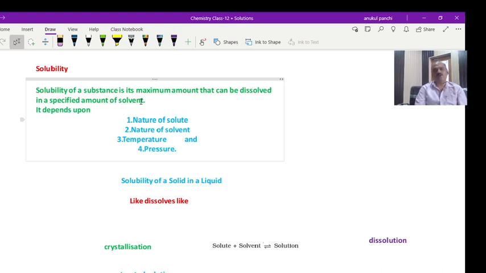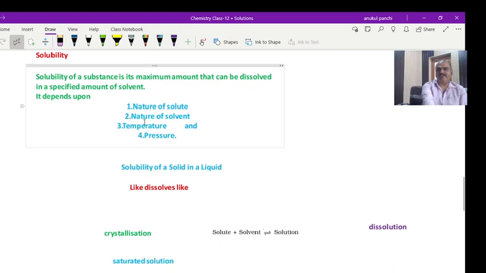Now, if I heat that solution, that will dissolve. Even 1 more gram will also go into it. That means solubility is affected by temperature. There are many factors which affect solubility. See here, solubility depends upon nature of solute, nature of solvent, temperature, and pressure. There are four factors which are going to affect solubility of solute in solvent.